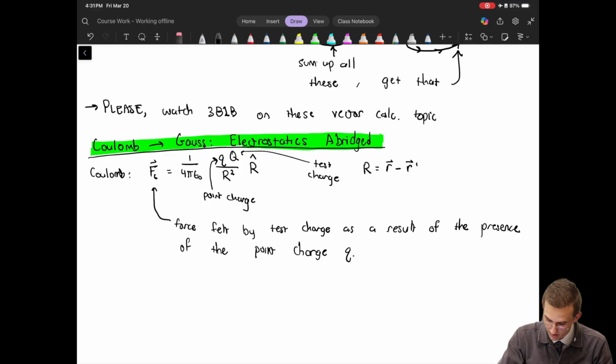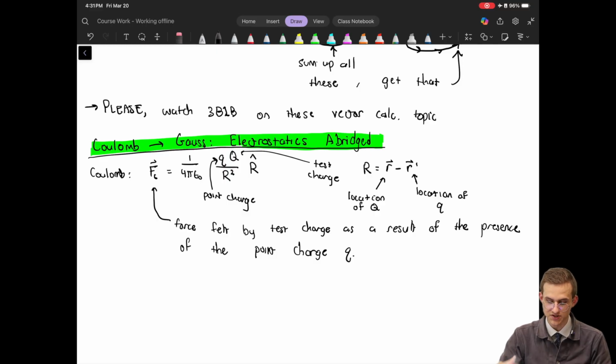So R is the location of the test charge, the capital Q test charge, and then R prime is the location of the point charge q.